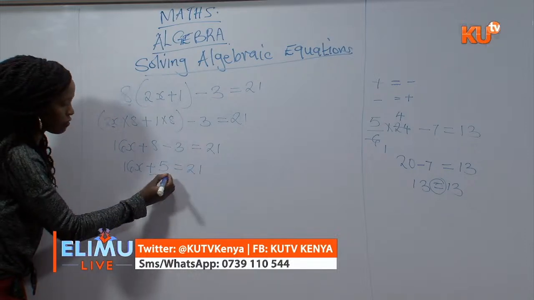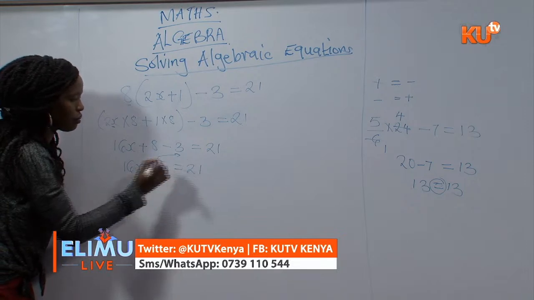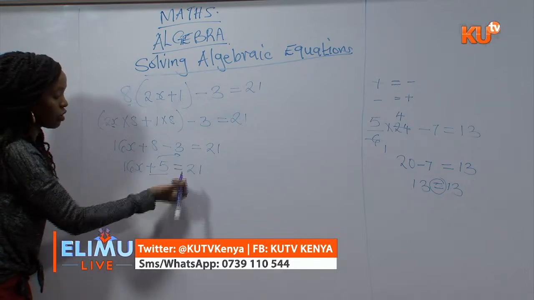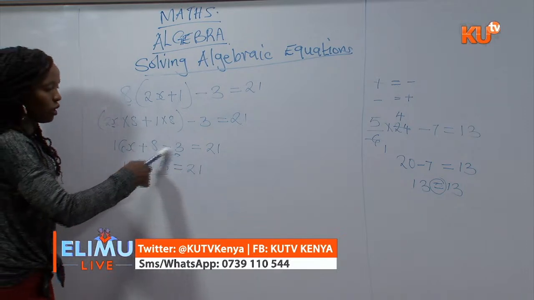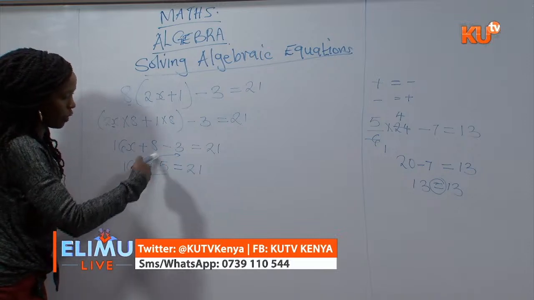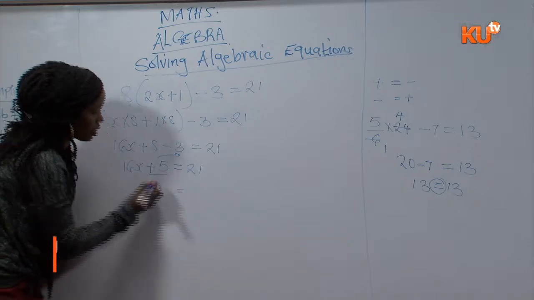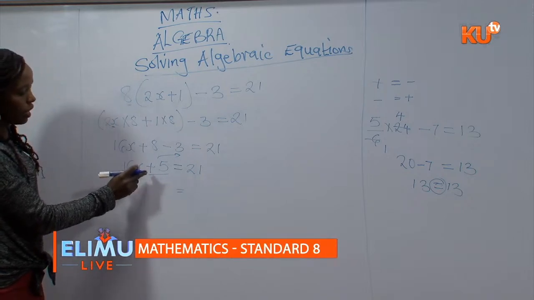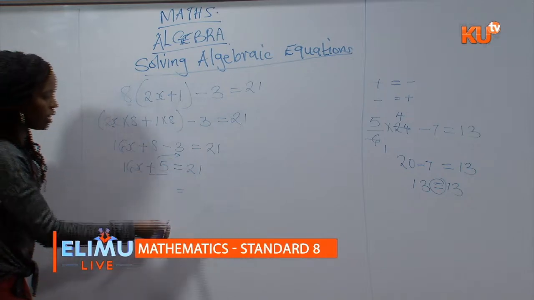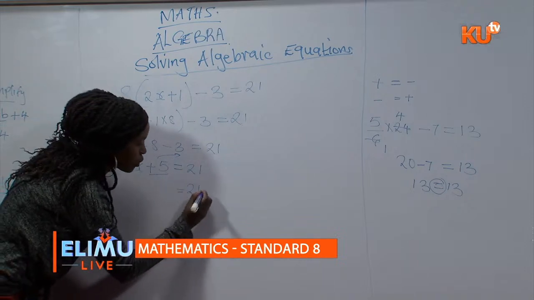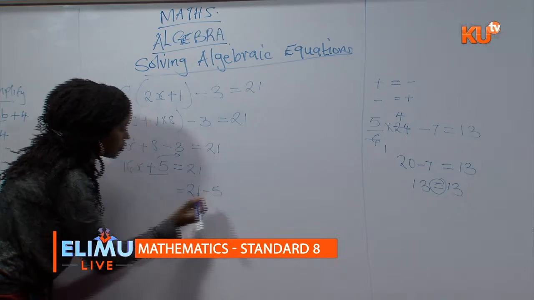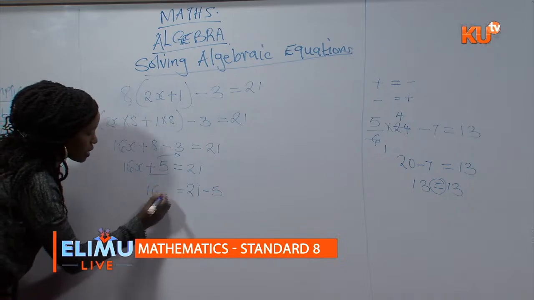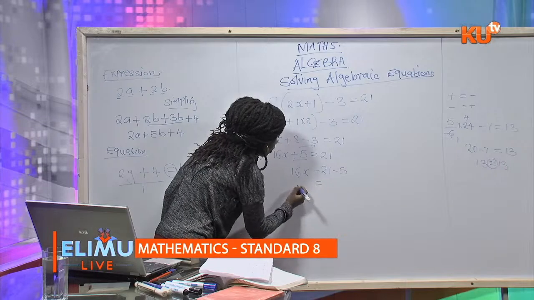Then I take this positive 5 to the other side of the equal sign. So when it crosses to the other side, we change this sign to the opposite, from positive to negative. So we'll get 21 minus 5, and this side I remain with 16x.